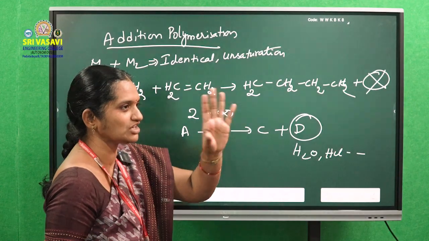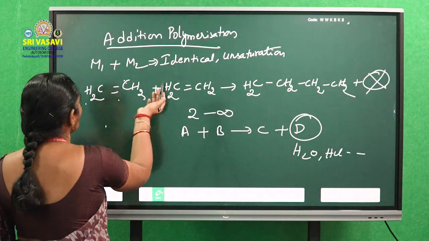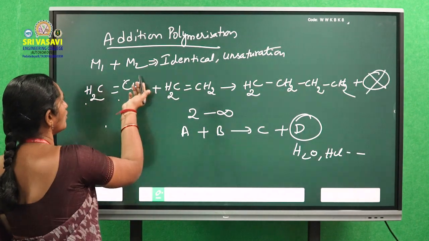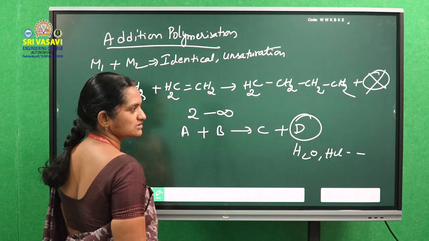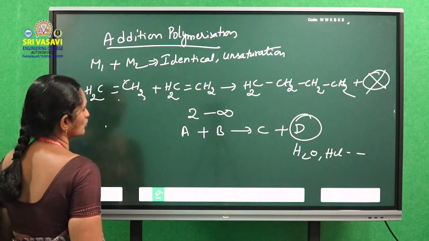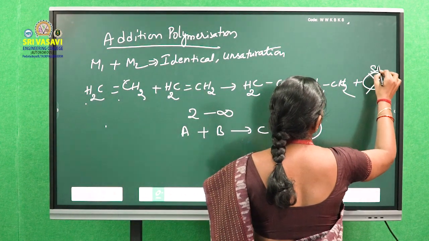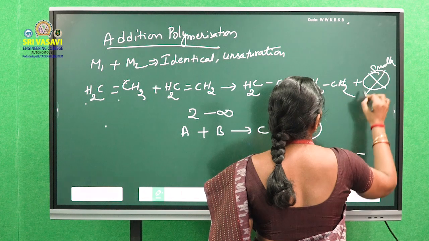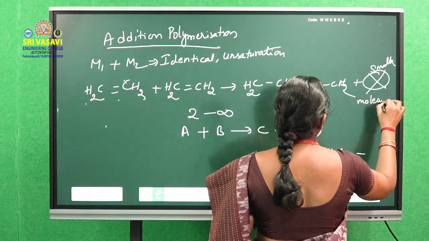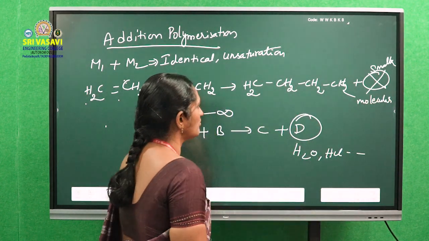So addition polymerization means adding two or more identical monomers without any elimination of smaller molecules.